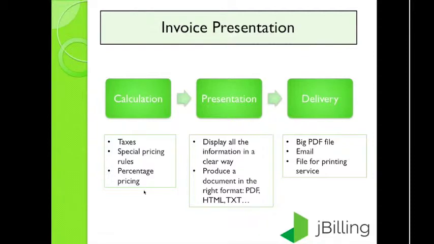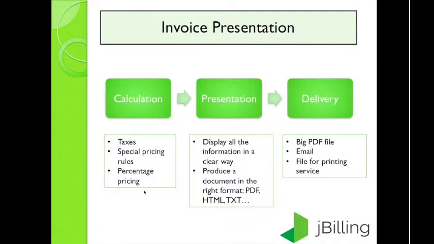And that is just an example of the flexibility that we have in jBilling by slicing the workflow of billing in many little steps and then architecting the system to deal with each step pretty much independently.